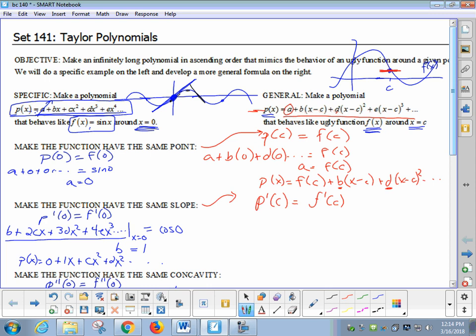A drops out and I have just b plus 2d times x minus c plus 3e times x minus c squared plus, if I wanted to keep going, 4f times x minus c cubed, and so on. And that equals f prime at c. You follow?